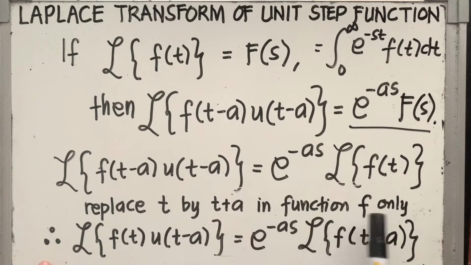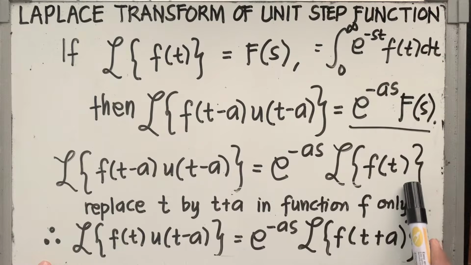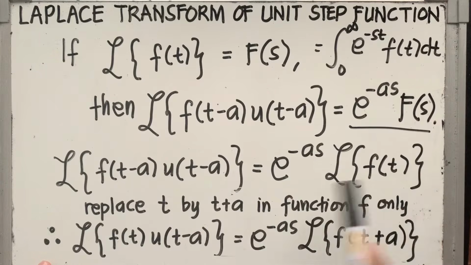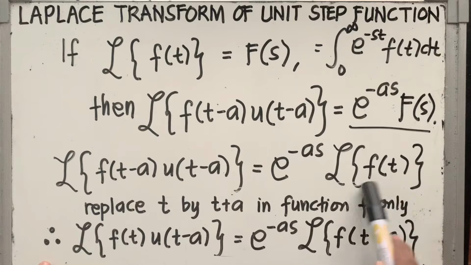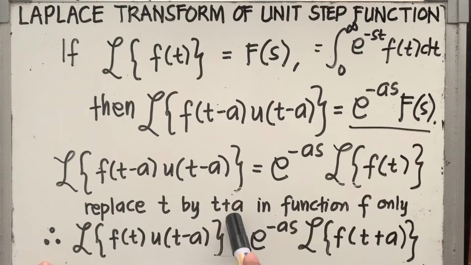Okay, so this is the next step. Okay, replace t by t plus a in function f only. Remember, function f only. Thus we have, okay, so replacing now t by t plus a will give us f of t plus a minus a, so a will be cancelled, and on the right side of the equation, so replace t by t plus a, so it becomes now f of t plus a at the right side of the equation.